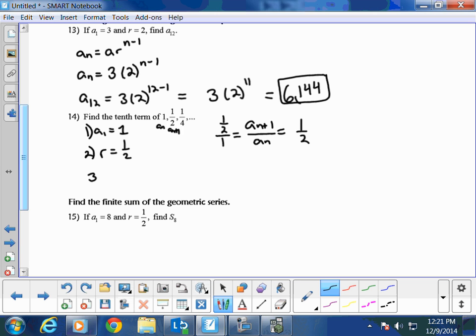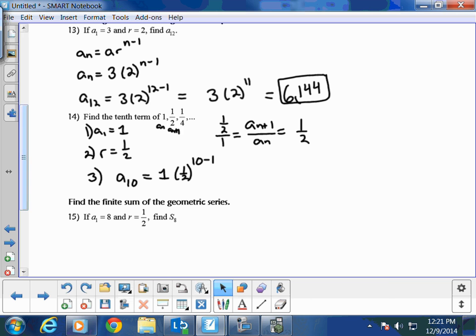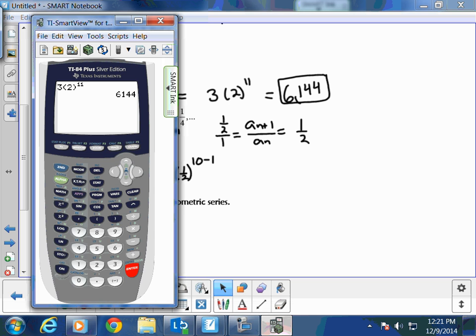So that means step 3, I'm going to go ahead and find the 10th term of this computation. That's 1 times 1/2 to the 10 minus 1. So for this, let's see what that answer comes out being. 1 times 1 divided by 2 raised to the power, I'm sorry, not 11, 10 minus 1, which will be 9, raised to the power 9.